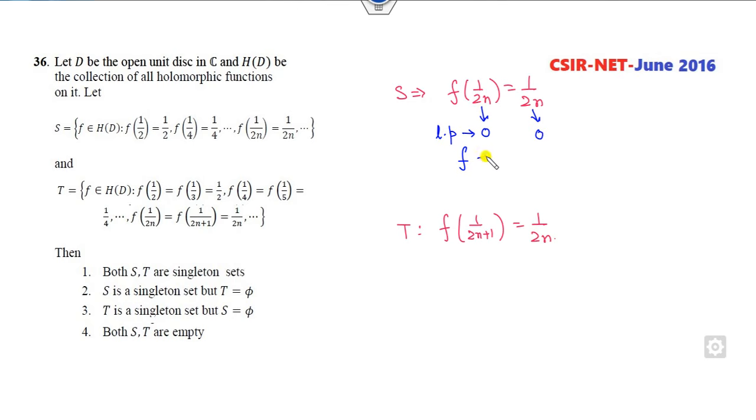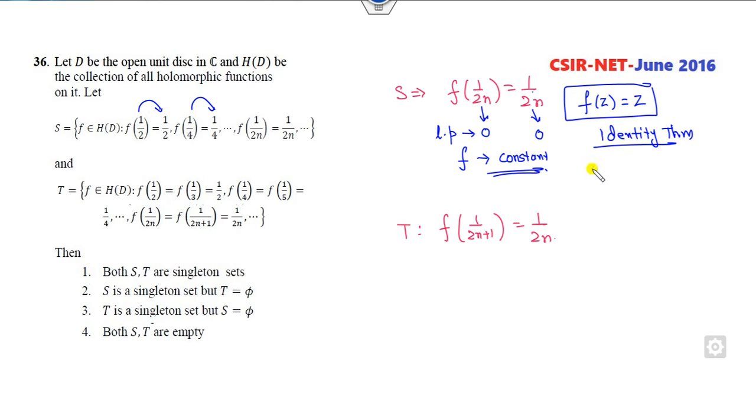So what is the meaning of that? f is constant. So we can say f of z is z. From here you can see 1 by 2 is 1, f of z is here. But we already see that f is constant, so I can say by the identity theorem.